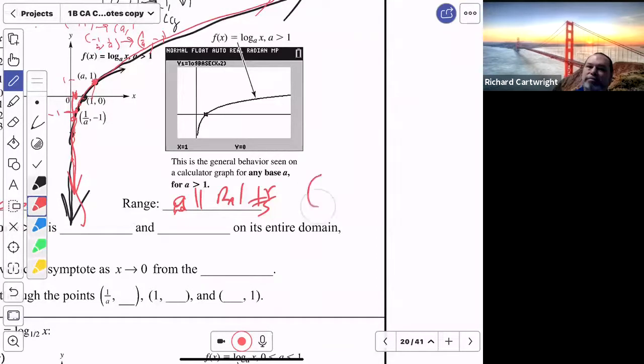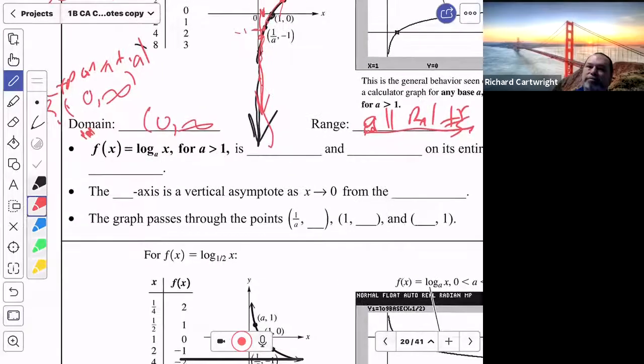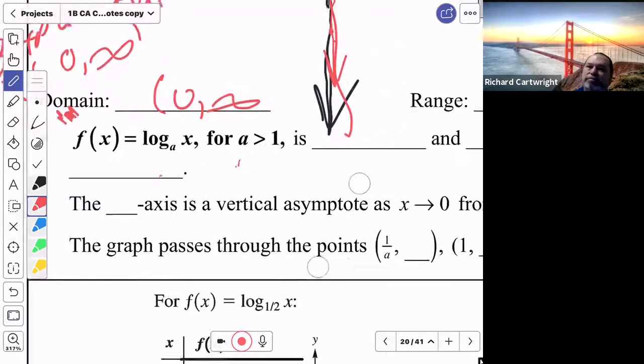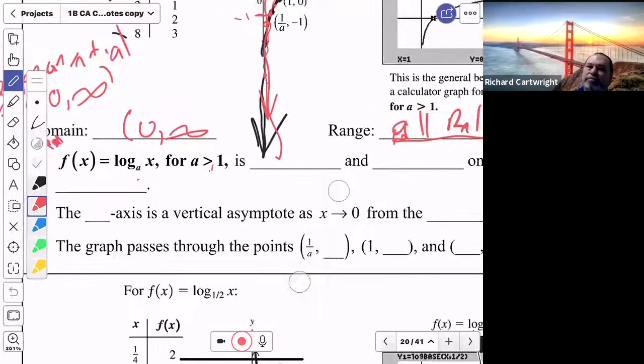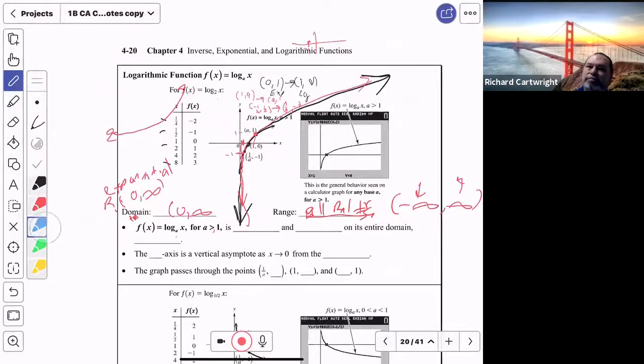So we would write negative infinity to infinity. Same thing as all real numbers. That's your range. Goes down forever and up forever. Okay? If f of x is some sort of logarithmic with a being greater than 1, the function is going to be, I'm going to say continuous, because I don't know what else the author had.